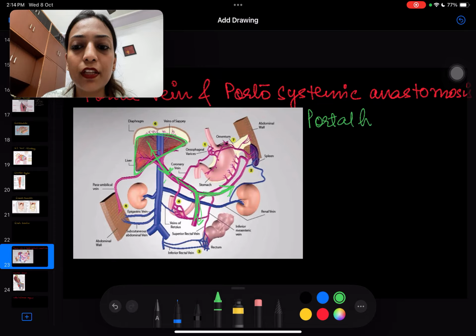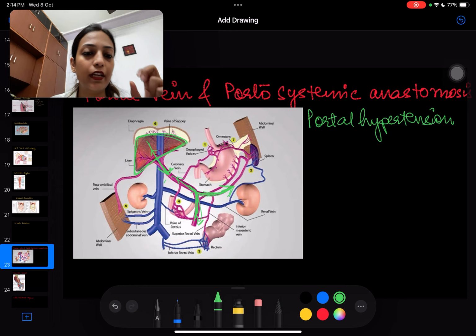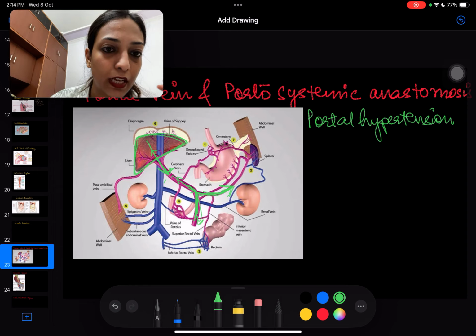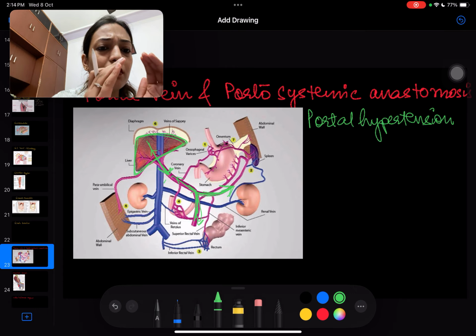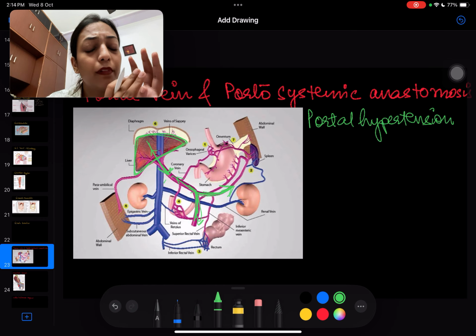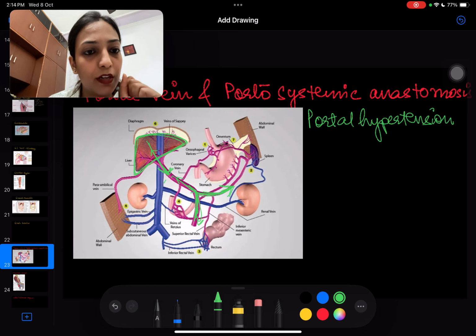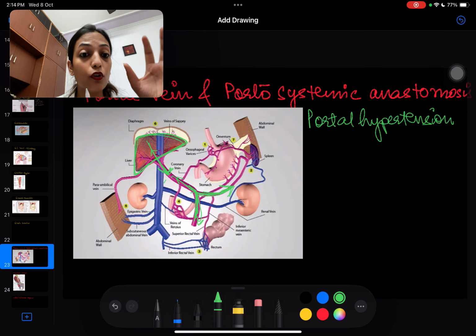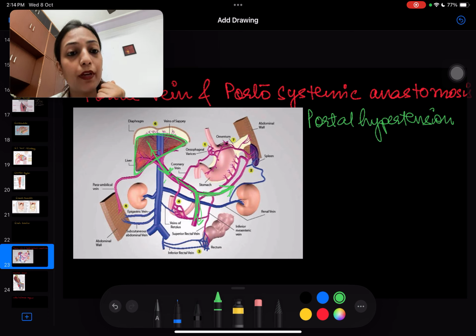Whenever there is portal hypertension, there will be increased blood supply to all the areas where there is portosystemic anastomosis. Why do we need to know about this? Because there is a place that is not supposed to have a lot of blood, but now there is a lot of blood. Why? Because there is significant backflow. What will happen now?